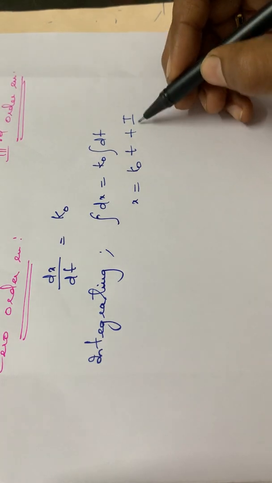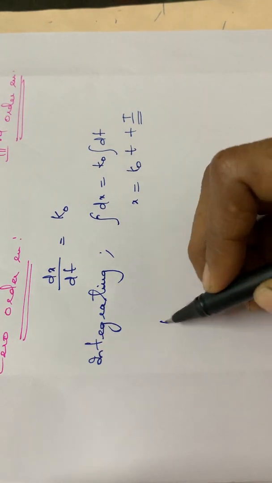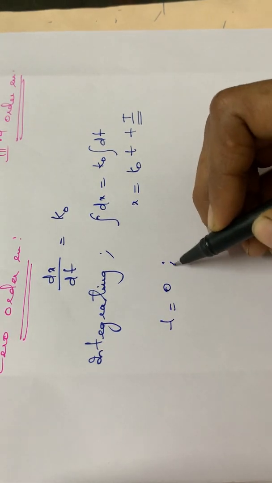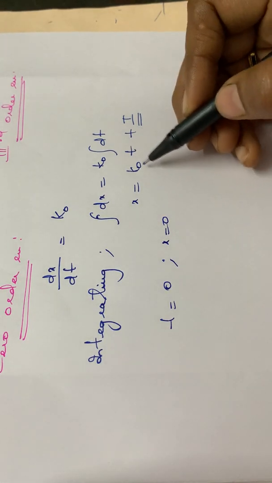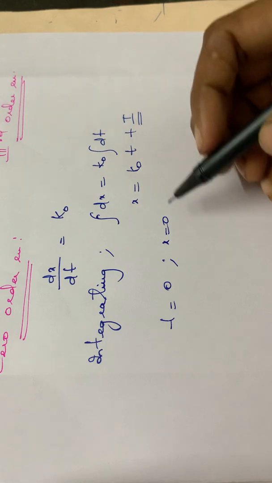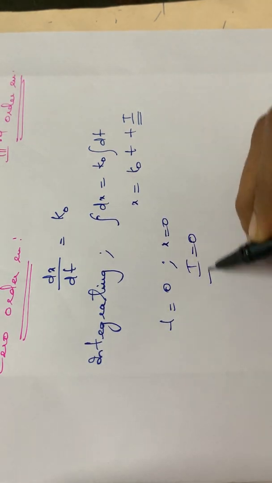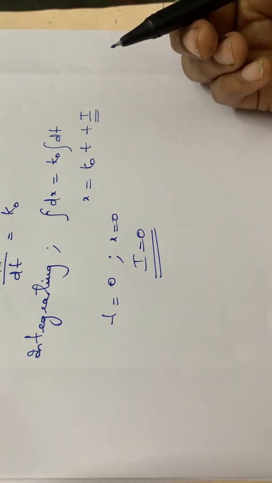Then what is the next step? You have to find out the constant of integration I, isn't it? So for that you put t equal to 0, x equal to 0. So what happens? t equal to 0 means this term got cancelled, x is equal to 0, so the value of I will be equal to 0. Substituting in the above equation, these two terms go to 0.